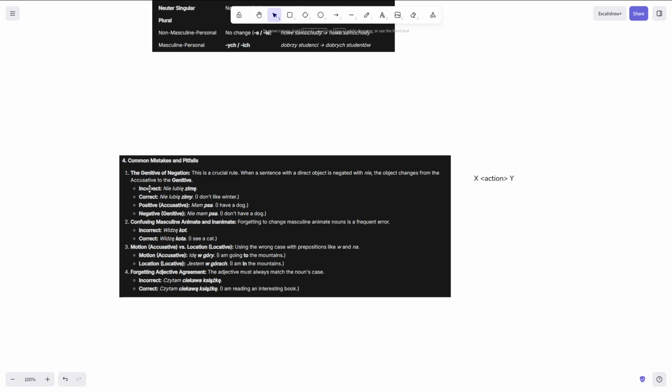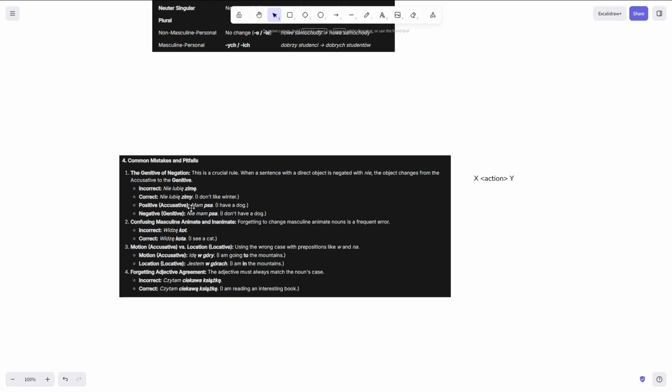So, incorrect sentence: I don't like winter, nie lubię zimę. Zimę is in accusative and it is not correct. It follows this formula because I don't like winter, but since we have negation, Y has to be in genitive, okay? So the correct sentence is nie lubię zimy. Nie lubię zimy, okay?